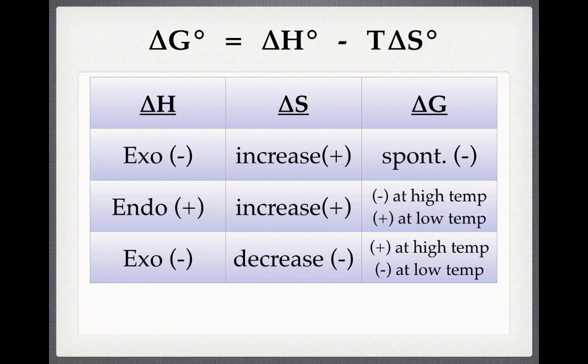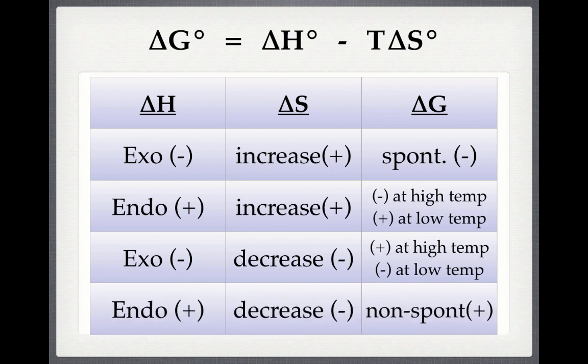And if that number is large enough, it will take the negative delta H and turn it into a positive delta G. So exothermic with a decrease in entropy indicates that we have a positive delta G at high temperature, or a negative delta G at low temperature. So it would be non-spontaneous at high temperatures, but spontaneous at low temperatures. And then if we have an endothermic reaction that has a decrease in entropy, then that reaction will be non-spontaneous at all temperatures, because those values will always be positive.